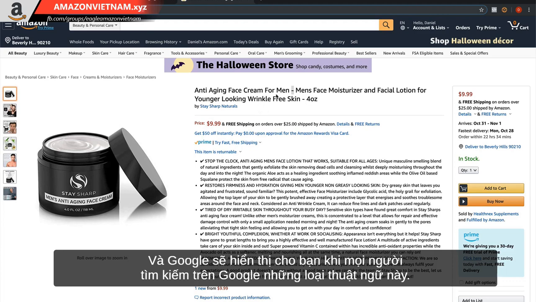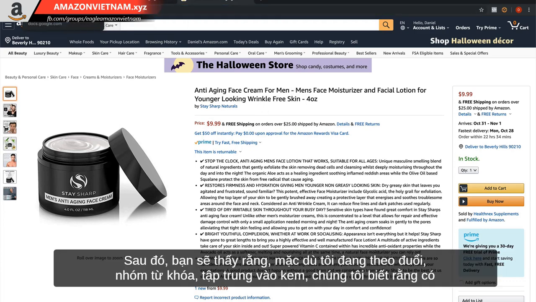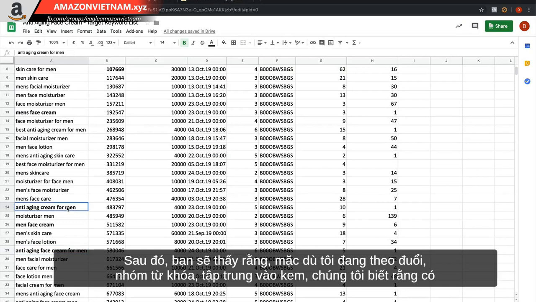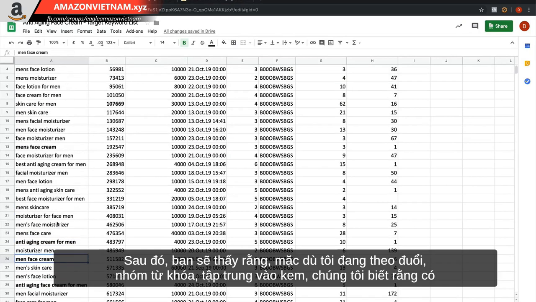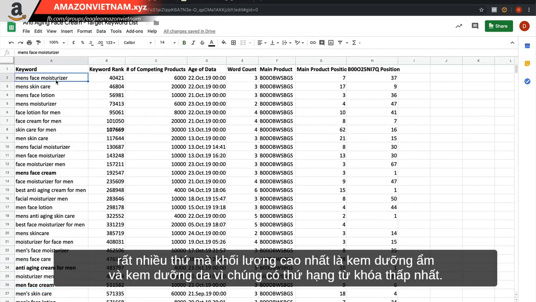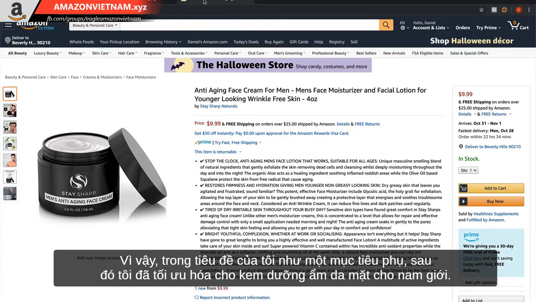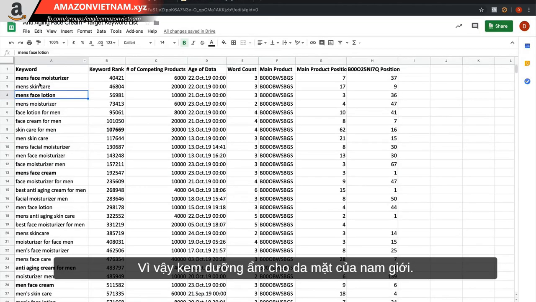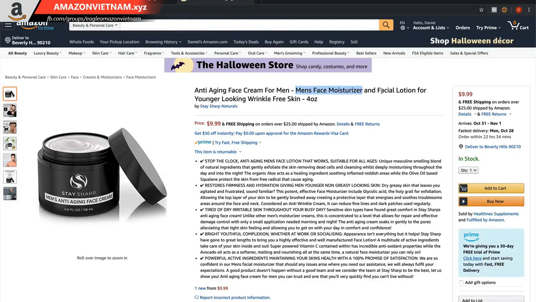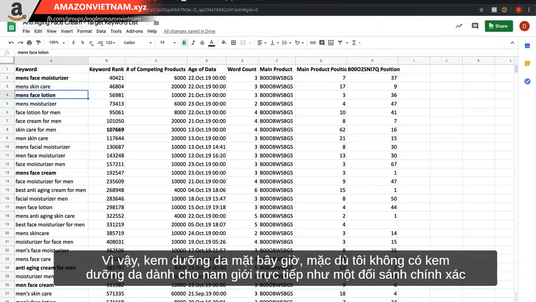You'll then see that although I'm going after the group of keywords that's focused around cream, we know that the highest volume is in moisturizer and lotion, as they have the lowest keyword rank. So in my title, as a secondary objective, I've then optimized towards men's face moisturizer, and then lotion, so facial lotion.